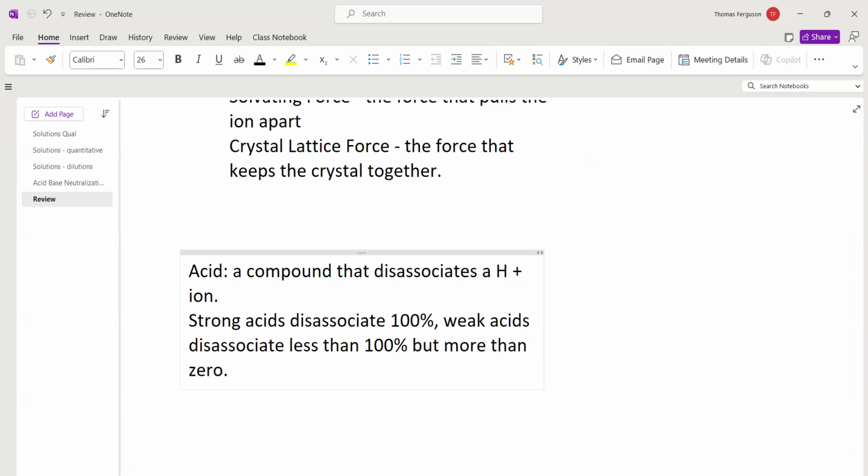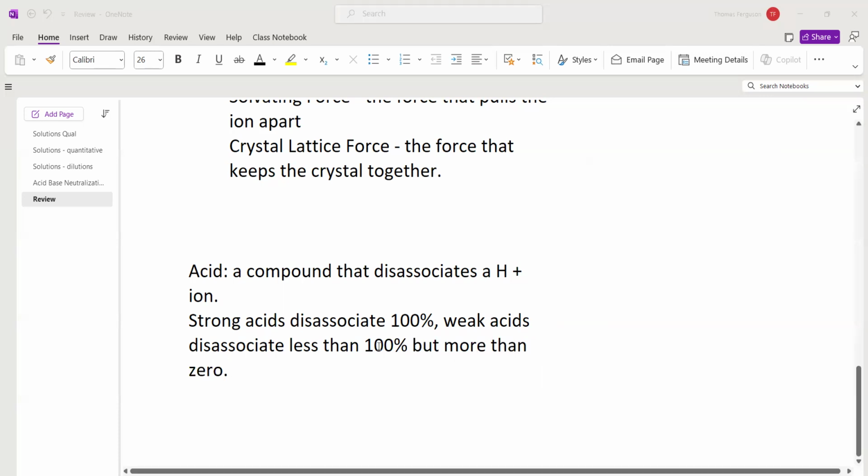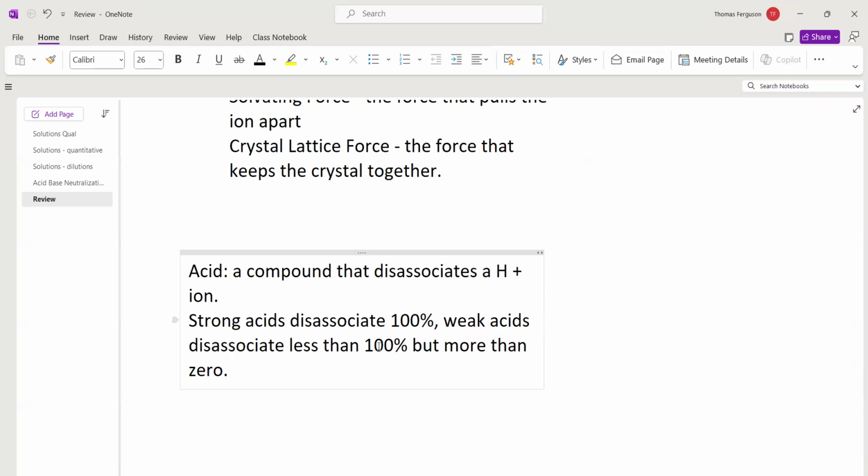The weak acid disassociates something less than 100%. Now, that means there are both parts of the acid there, what you start with and what you end with. Strong acids, there's only what you end with. Big distinction. And there are only 7 strong acids in the world.